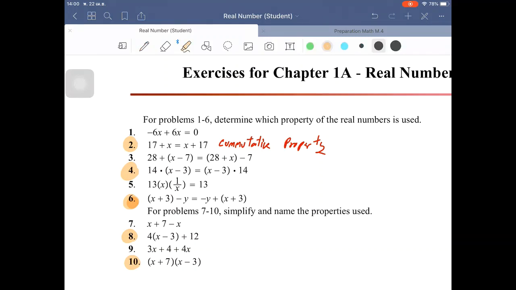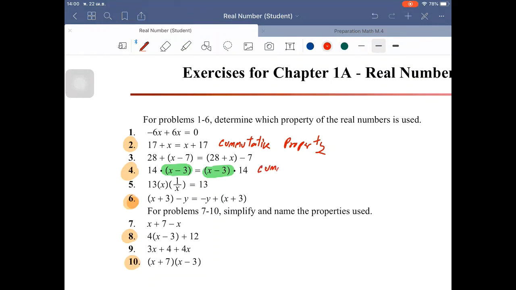Question 14. Maybe someone is tricked by the question because there is a bracket, but a bracket does not always mean associative, because here we do not change how the numbers are grouped, we just switch the numbers from 14 plus to x minus 3 and then plus.